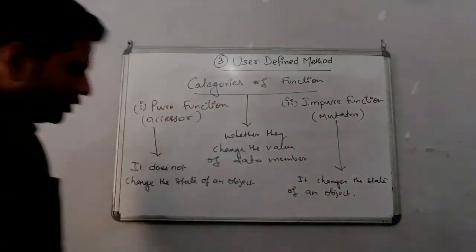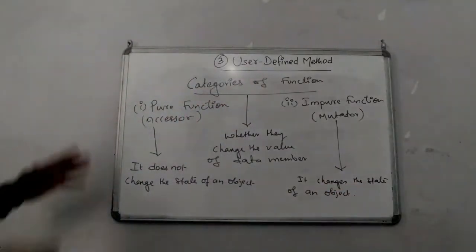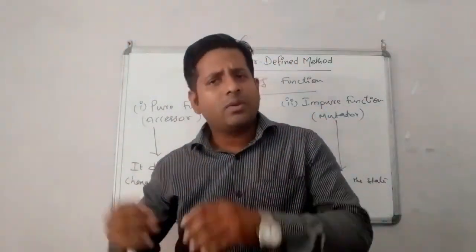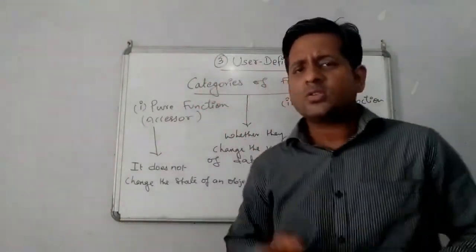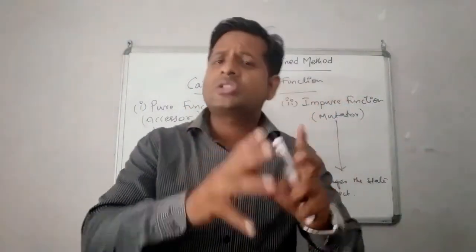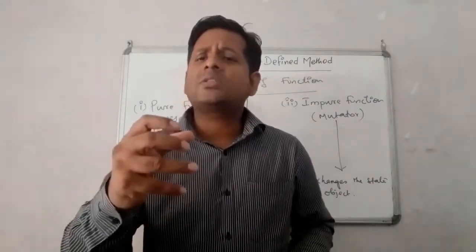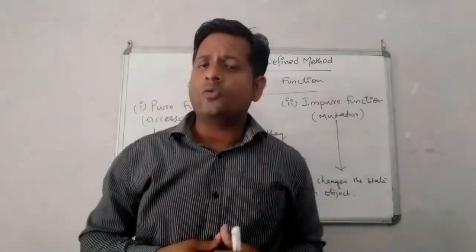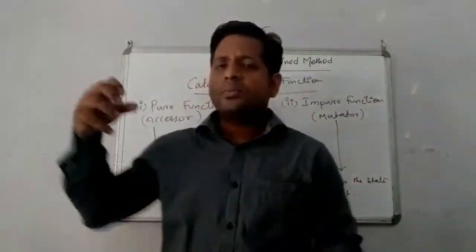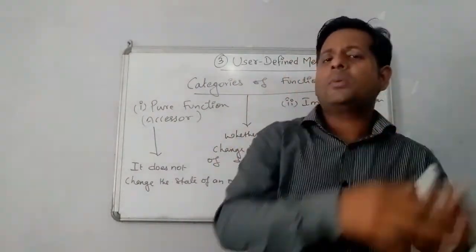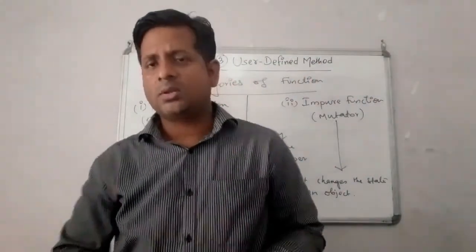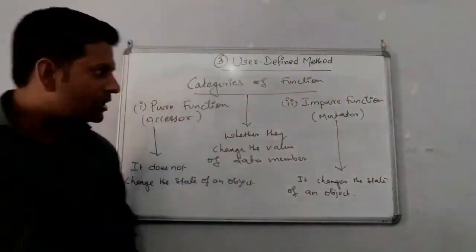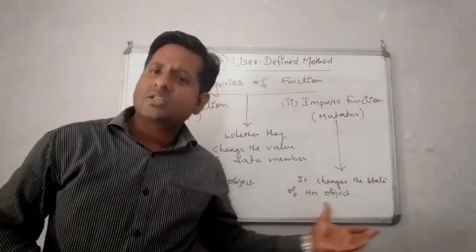So children, we can say pure functions are those functions when we call the functions through reference or through value, that time it will not change the state of an object. The state means the behavior, the characteristic, the value you passed. Suppose you are passing int, it won't be converted to float, not possible. If you are sending 2 as the argument value, it will not convert it to 3 or something like that, not possible. It does not change the state of an object. Whereas students, in case of impure function, it changes the state of an object.